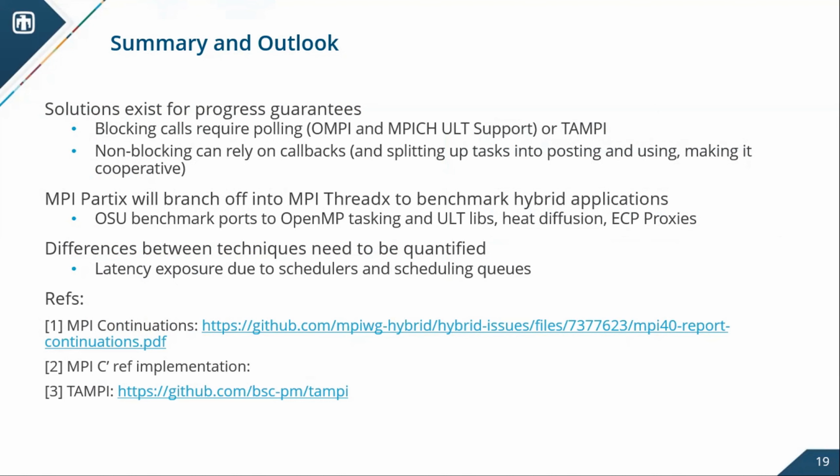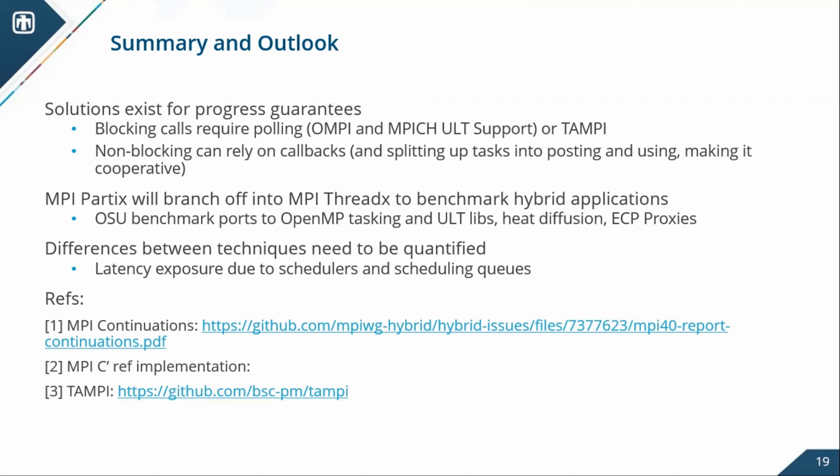Or you can use overloads such as TAMPI, which are typically specific to some programming model. If you have non-blocking calls, that is, you change your blocking calls into non-blocking calls and split tasks such that a dependent task can be invoked once an operation request has been fulfilled, then you can use MPI continuations.